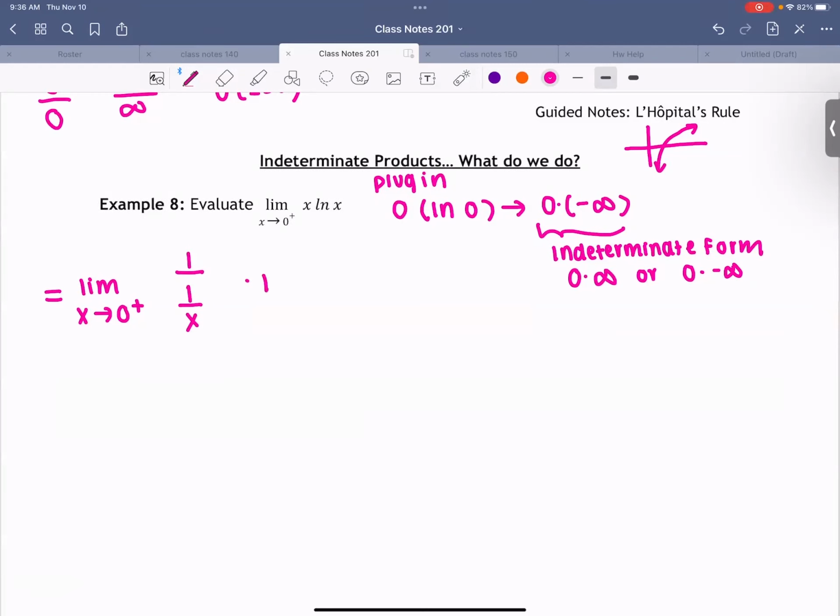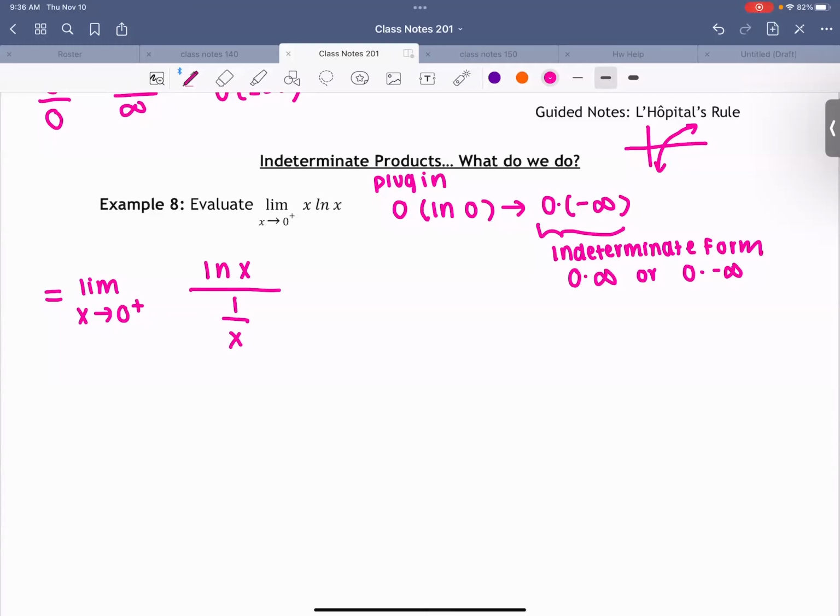Then I'm going to multiply this by ln of x. If that looks weird, I'm just going to move the x to the denominator and make this the natural log of x over 1 over x. I know it looks funny, but what I wrote here is the same thing as my product. So this is the same thing as saying x times ln of x. Everyone see this?